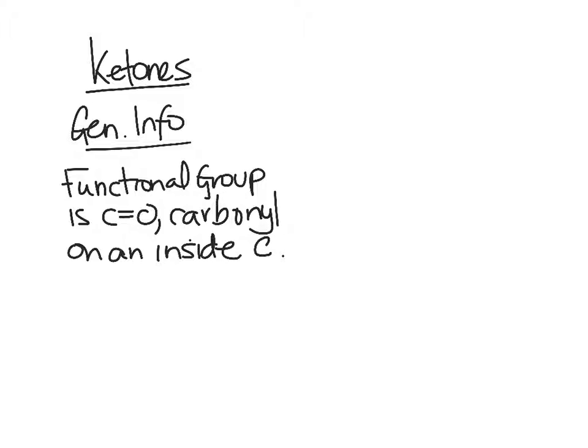So the smallest one, Angelica, is propanone, because it's the shortest carbon chain with a middle carbon. So name: you take the alkane, drop the E, and add ONE.